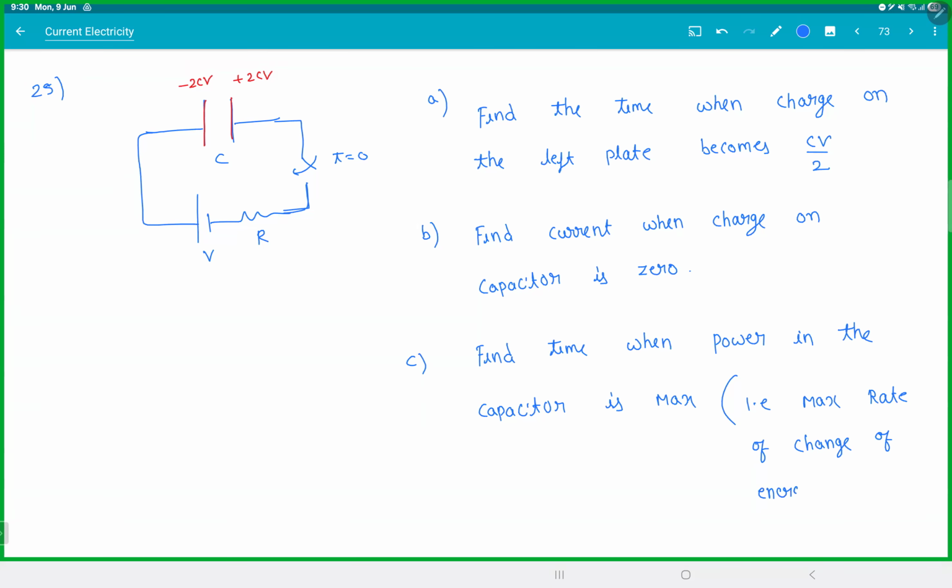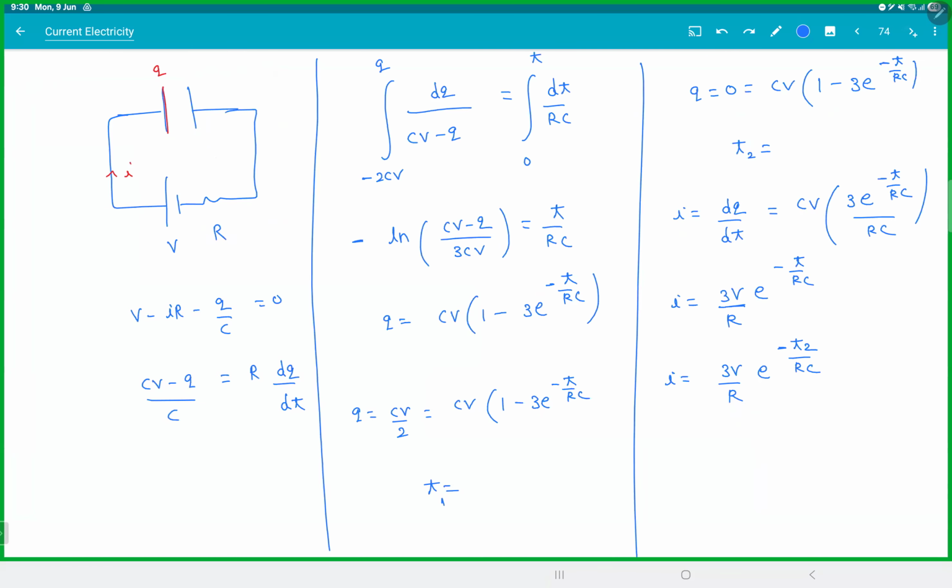So the capacitor energy is not getting filled up at a constant rate. How will you do that?